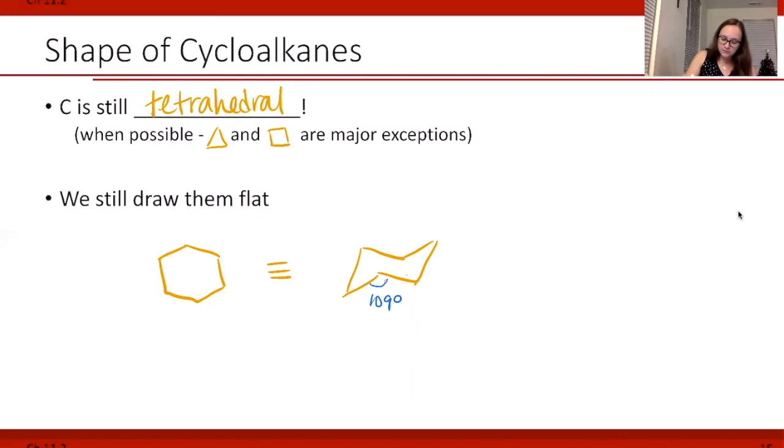If this shape is confusing you, imagine that where I'm bolding right now is coming out towards you. We call this a chair conformation. For the purposes of this course, we are not going to worry about drawing these in 3D. We will just draw them flat. So don't worry about drawing it this way. It's kind of tough to draw it like that.